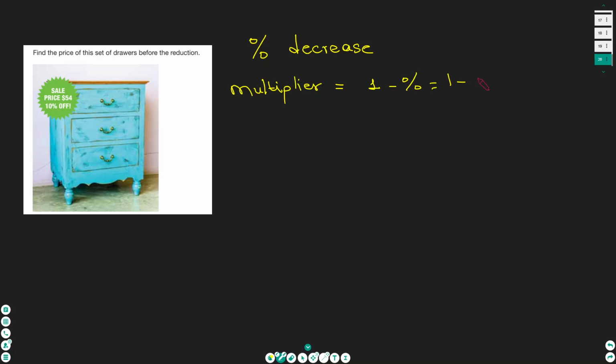So this is 1 minus 0.10, therefore it is 0.90. So all we need to do to find the price before the decrease is divide the price after by the multiplier. And the effect is to increase the price. So 54 divided by 0.90 is 60. So the price of the set of drawers before the decrease was $60.